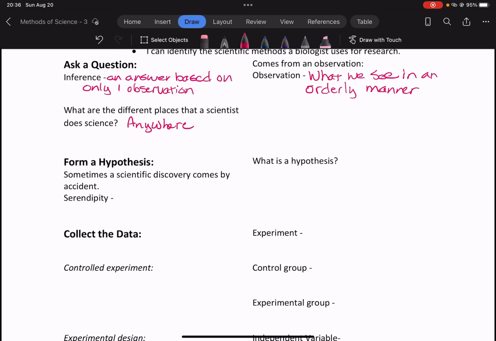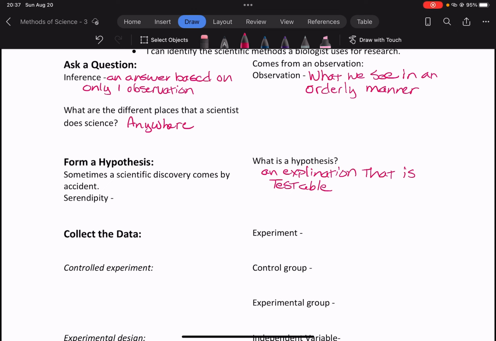And when more observations are made, we form a hypothesis. A hypothesis basically is an explanation that is testable.